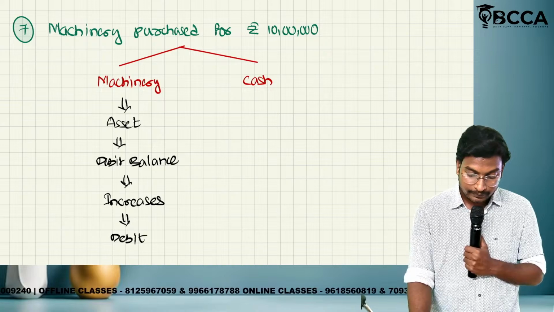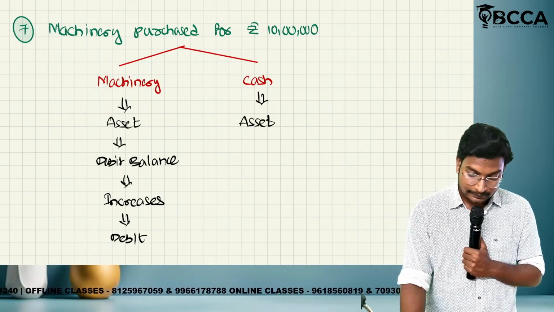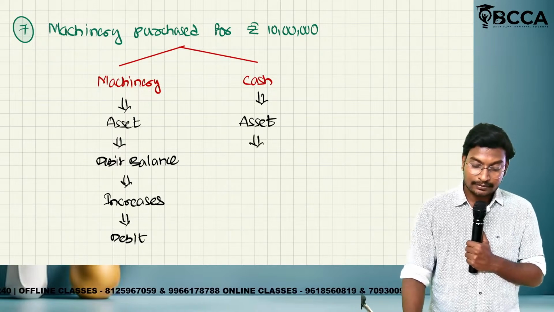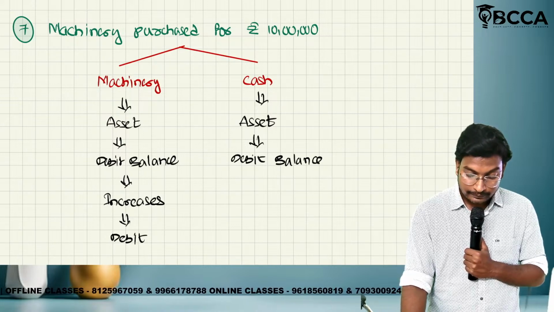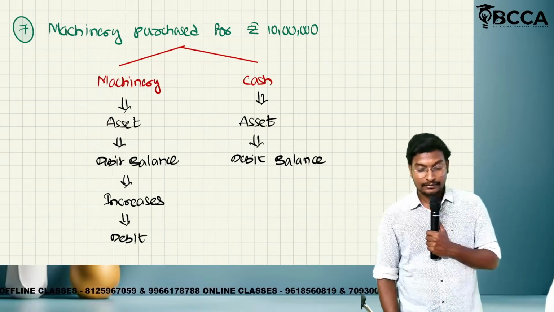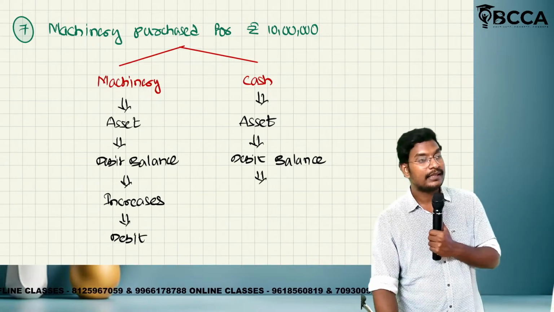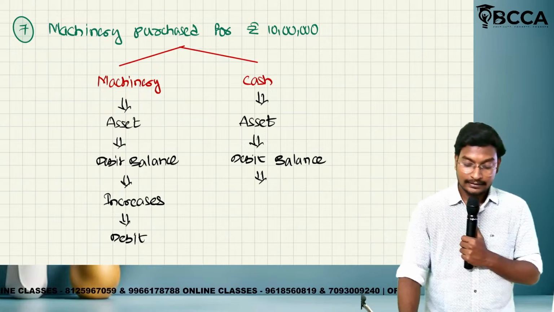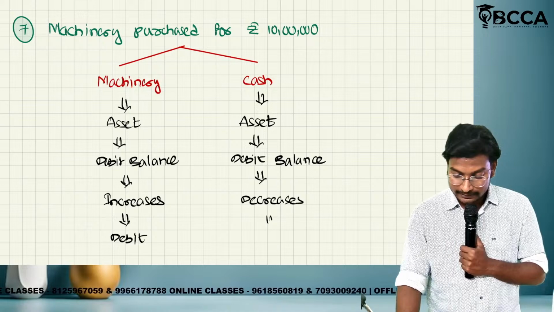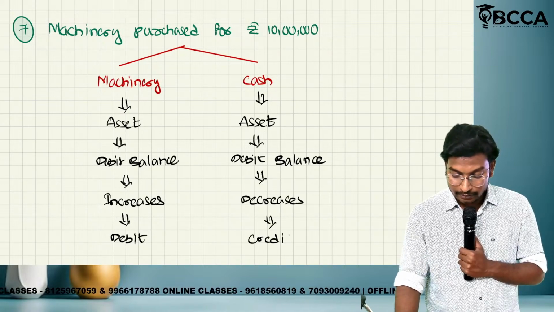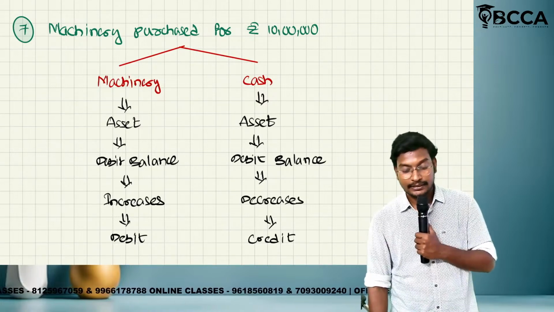Debit. Next one. Cash is also called what? Asset. Asset means which balance? Debit balance. So now the cash comes into the business or goes out? Goes out. That means the cash balance increases or decreases? Decreases. The cash balance decreases. What do we have to do? Credit. So what is the entry we have to get? We'll get the entry machinery debited, cash credited.